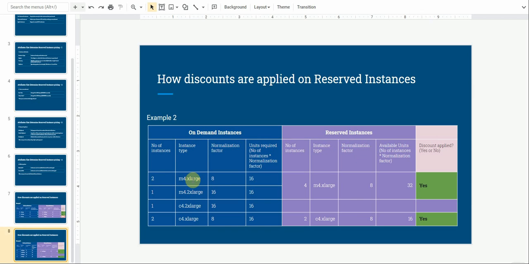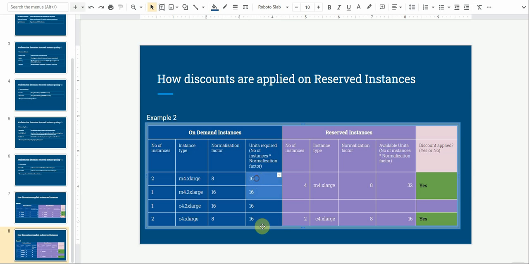On-demand instances, we require 2 M4X large, 1 M4 2X large, 1 C4 2X large, and 2 C4X large. At the same time, we have 4 M4X large and 2 C4X large. Here, if you look at the instance family M4, we require 32 units. 32 units of instance family M4.